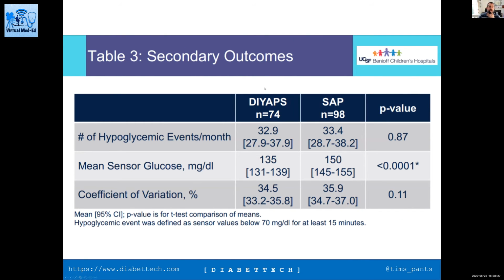And in the secondary outcomes, you could see that the mean sensor glucose is significantly better, and the coefficient of variation is around the same. It's worth noting hypoglycemic event was defined using the standard model from the hypo-awareness group.